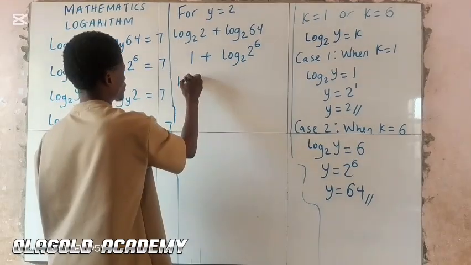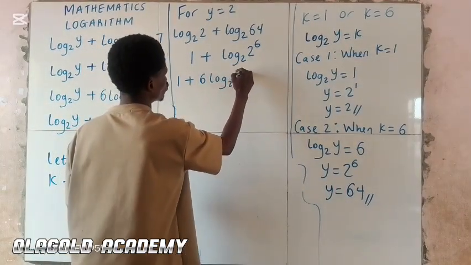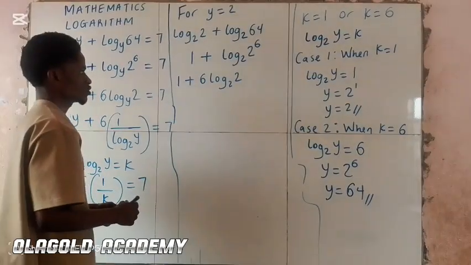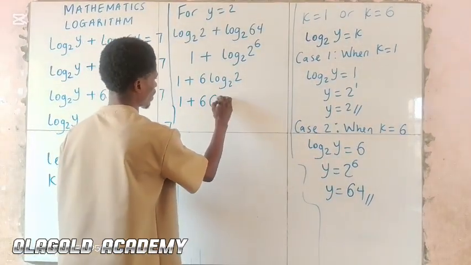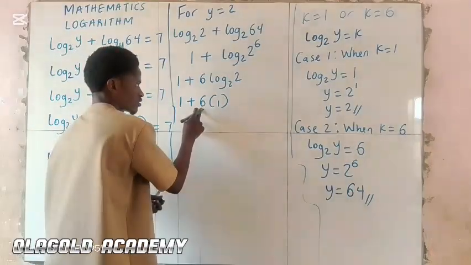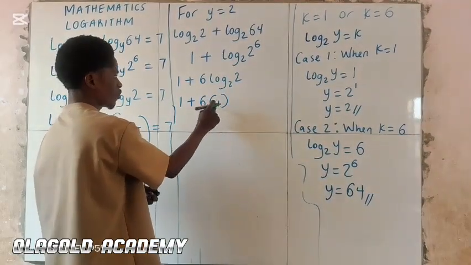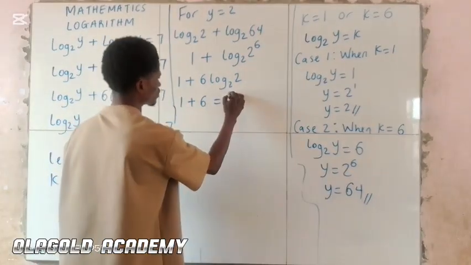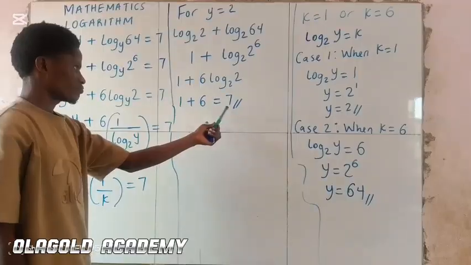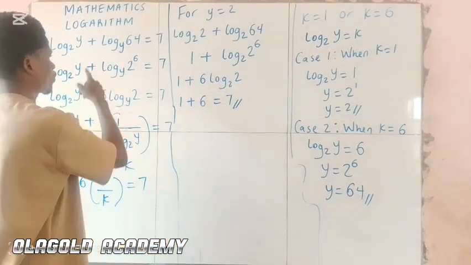It becomes 1 plus 6 log 2 of 2. So this also becomes 1. So 1 plus 6 times 1 gives us 6 times 1, and 6 times 1 gives us 6. So 1 plus 6 gives me 7. So it means that y being 2 is correct.